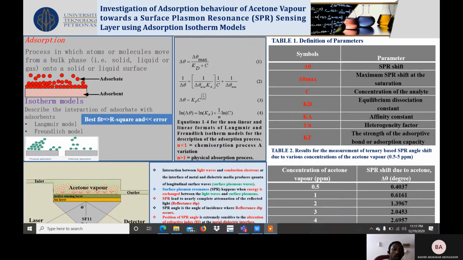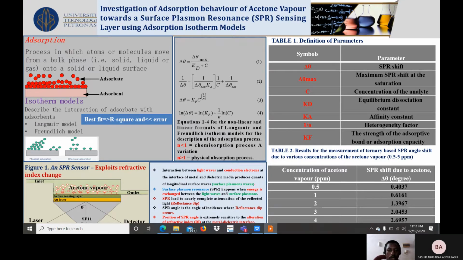Then in this case, we applied this adsorption behavior to describe the interaction mechanism that happens on the surface of the Surface Plasmon Resonance sensor layer. This is just the illustration of a typical Surface Plasmon Resonance sensor.